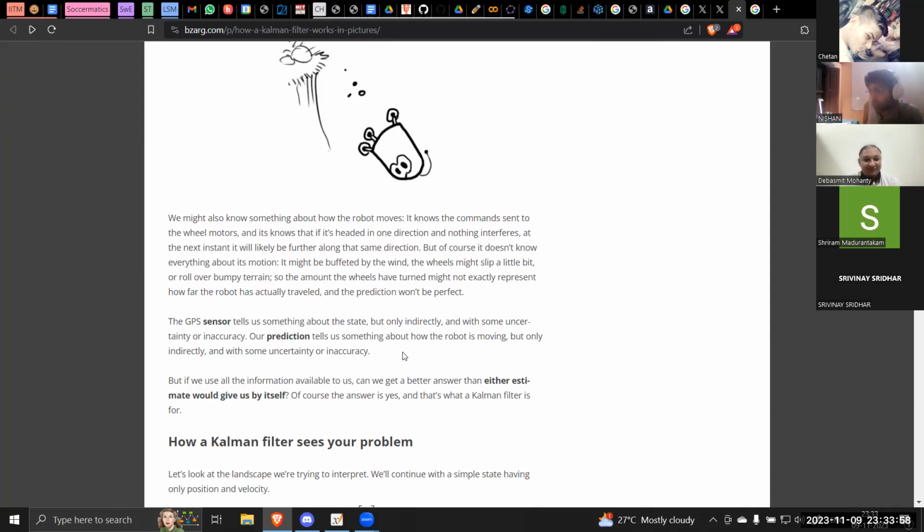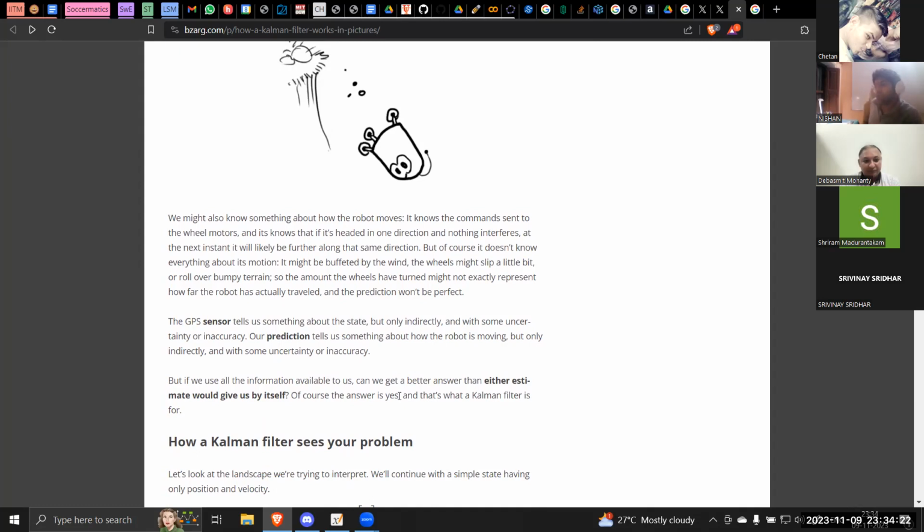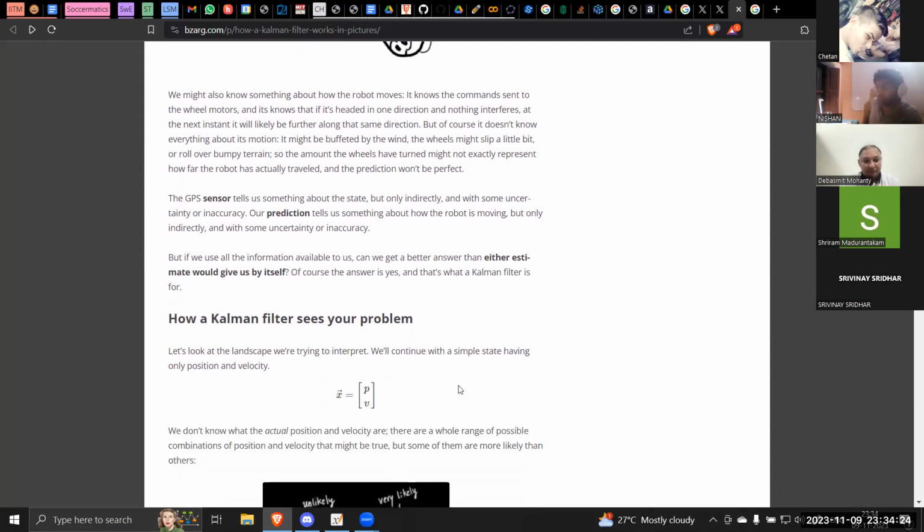But if we use all the information available to us, we can get a better answer than either estimate would give us by itself, either of them being the sensor or the prediction. Of course, the answer is yes, and that's what a Kalman filter is for. Okay, how a Kalman filter sees your problem.